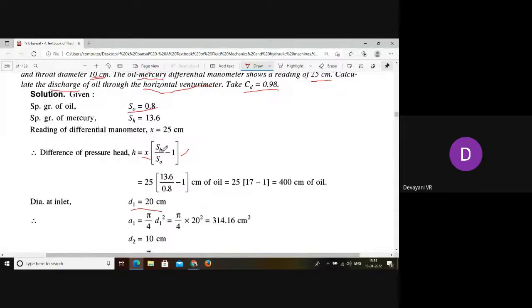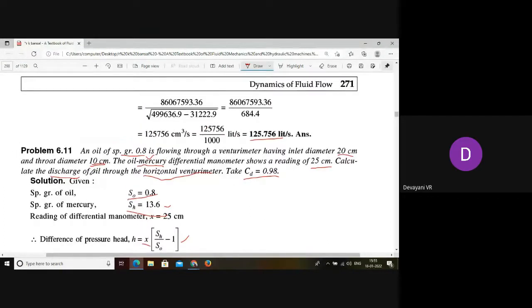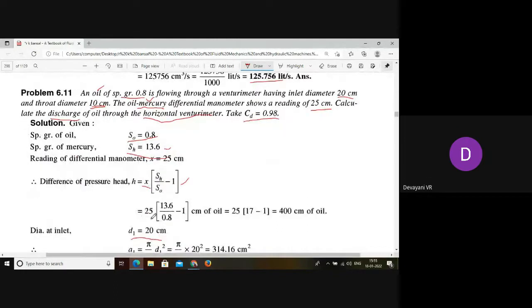So the heavy liquid specific gravity is 13.6, as we know that the specific gravity of mercury is 13.6, and SO is nothing but the liquid which was flowing through the pipe. So what is the liquid flowing in the pipe? The liquid flowing in the venturimeter is oil, and the oil has the specific gravity 0.8.